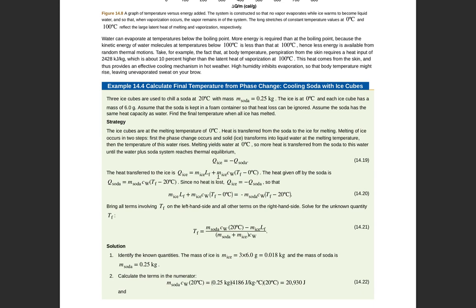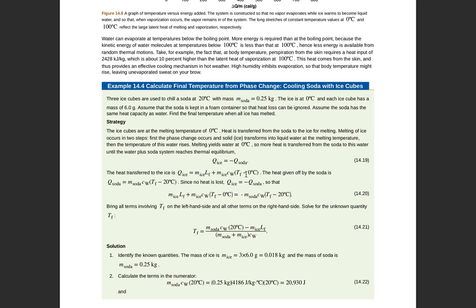Okay, so we want a heat that equals the ice and the soda. But remember, one of these has to be negative because the total heat transfer should be 0. So initially we had Q ice plus Q soda equals 0, and we moved over the soda. So here we have the heat transfer to the ice: Q ice is the mass of the ice times its latent heat plus the mass of the ice times the specific heat times the temperature change.